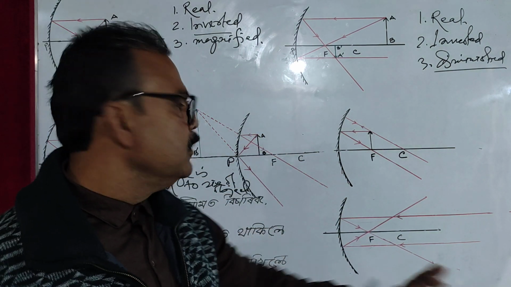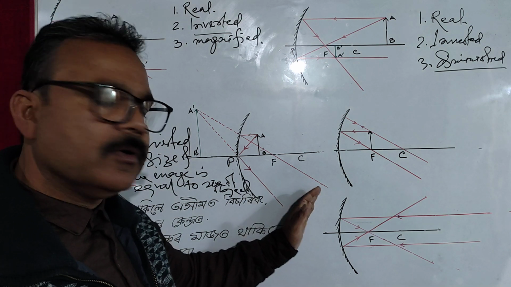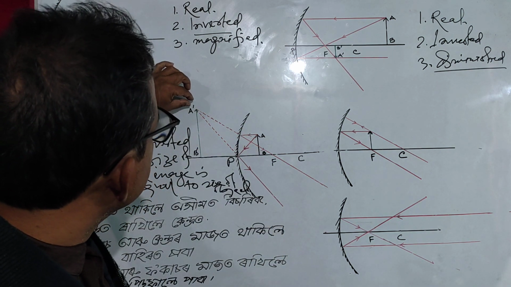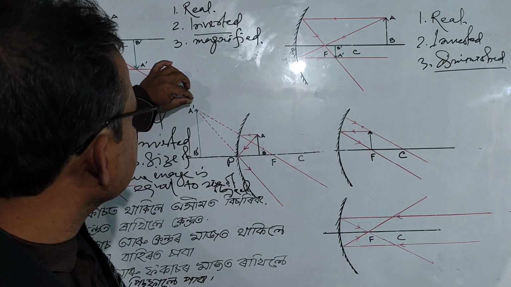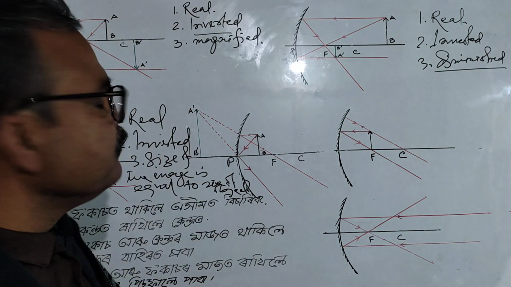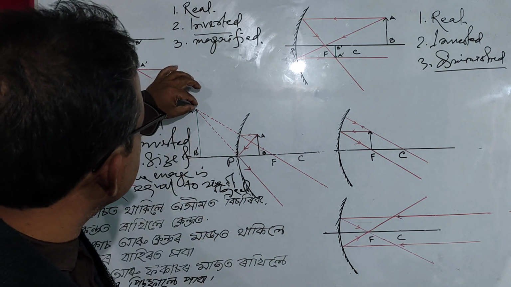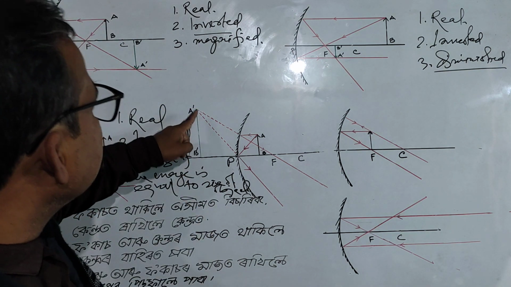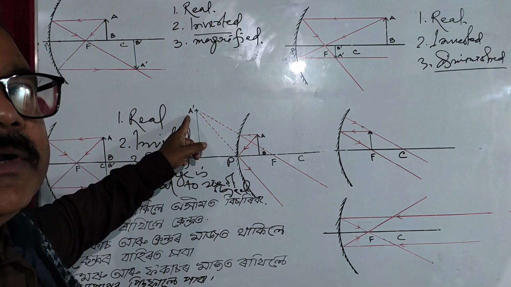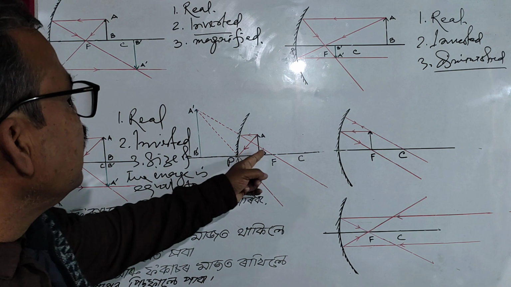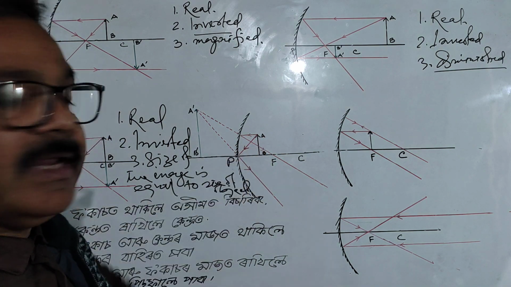These two rays will not meet at any point in front of the mirror. But if we extend both the rays towards the back side of the mirror, the rays appear to meet at this point, or in other words, the rays appear to diverge from a point which is behind the mirror. Here we will get the image of the object AB.